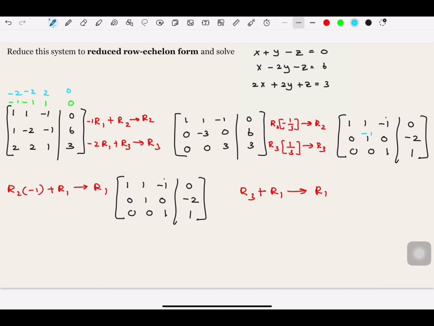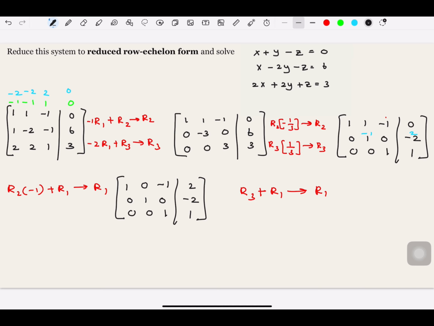So this is going to be -1, this is going to be +2. So you have to add these two numbers together. Let me erase this part. So let's update this. It's going to be 1, 0, -1, and a 2.